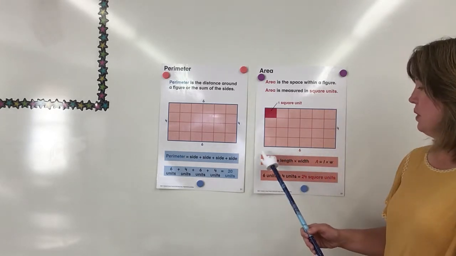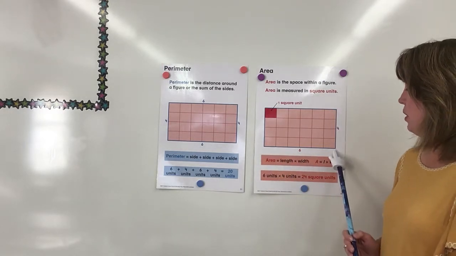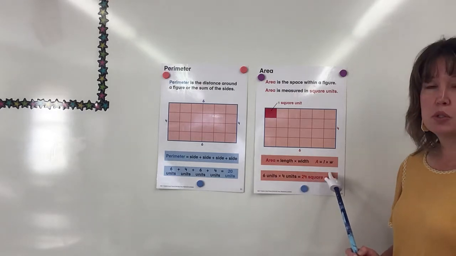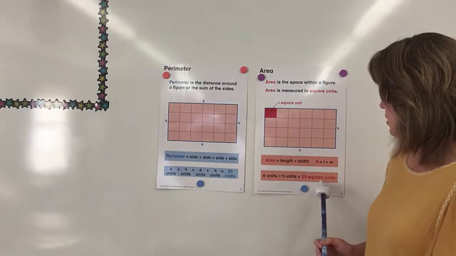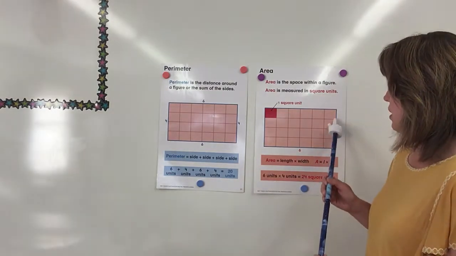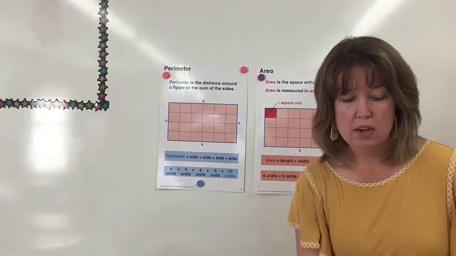So in this case, we have 6 times 4. And that equals 24 square units. When you are solving for area, you always need to label it square units because you're actually telling how many squares are in that area.